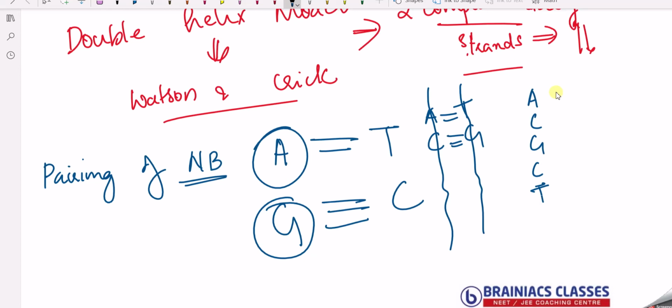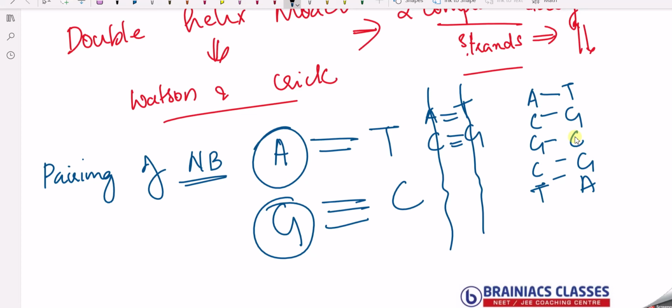If I have a sequence of nitrogenous bases in one strand, the opposite, anti-parallel strand will have the complementary sequence: adenine with thymine, cytosine with guanine, guanine with cytosine, cytosine with guanine, thymine with adenine, right? This is called complementary pairing.